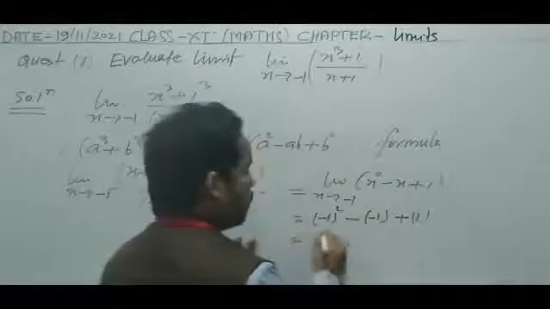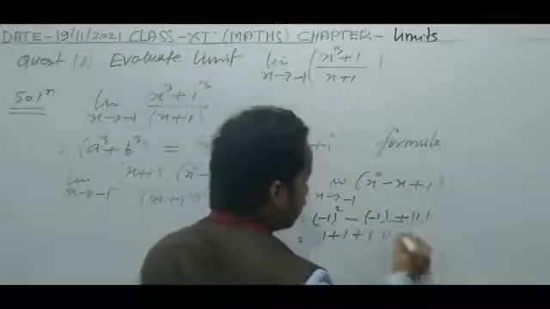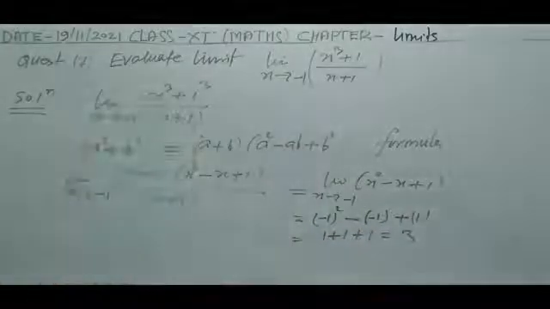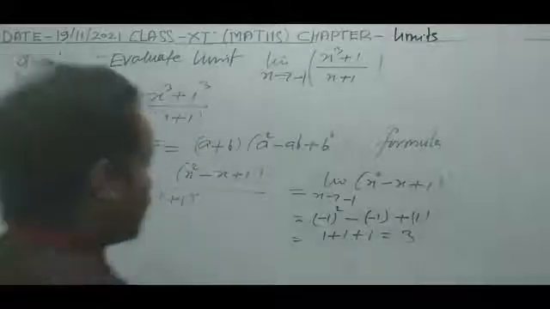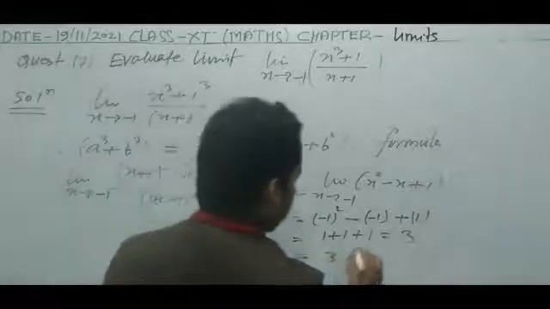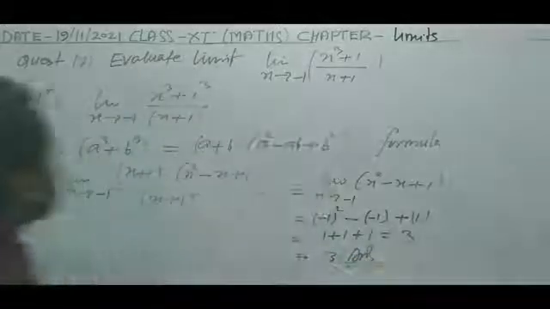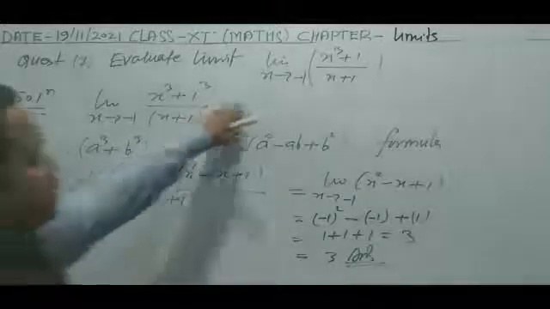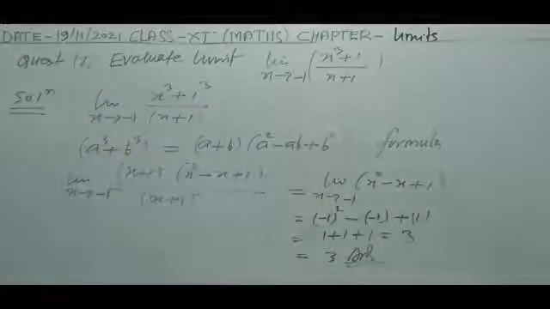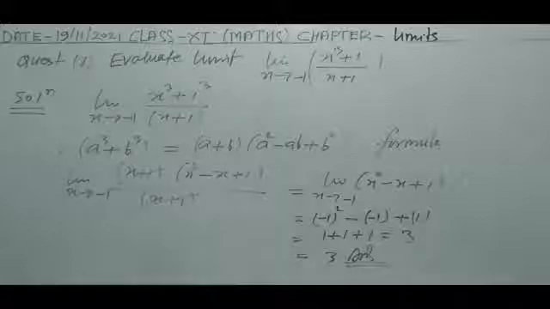So the result will be 1 plus 1 plus 1. The result is 3. Now 3 is the answer. The value of limit questions depends on the limits. If the limit is changed, then the value will change. In the first question, limit x tends to 0, the answer was 1, and in this question, x tends to minus 1, so the answer will be 3.